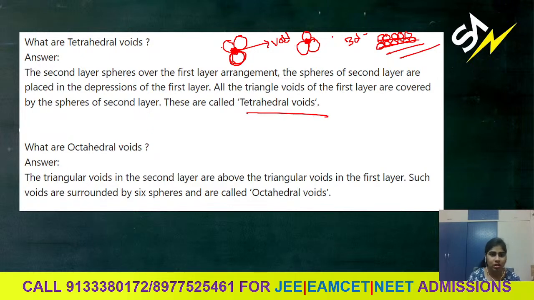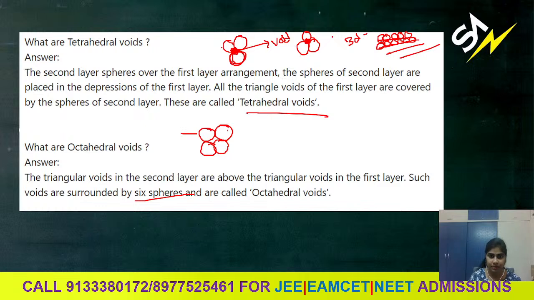And what are octahedral voids? Here it is in a triangular way. Octahedral voids are surrounded by 6 spheres. For example, you can see here also spheres are placed in layers. These are 4 spheres of 2 layers.